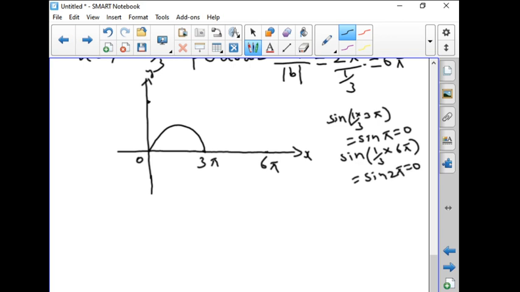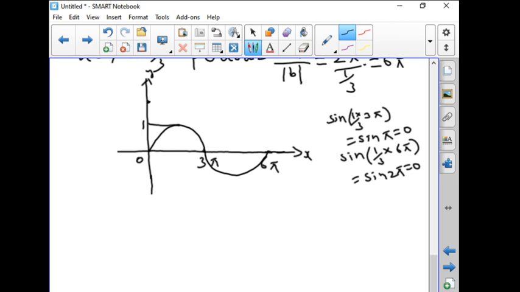So it crosses the x axis at 3 pi and 6 pi. Okay, and we should not draw above that because it is given only up to less than 6 pi. And here, which is 1, this is the maximum height reached. So this is the graph of y is equal to sin 1 by 3 x.